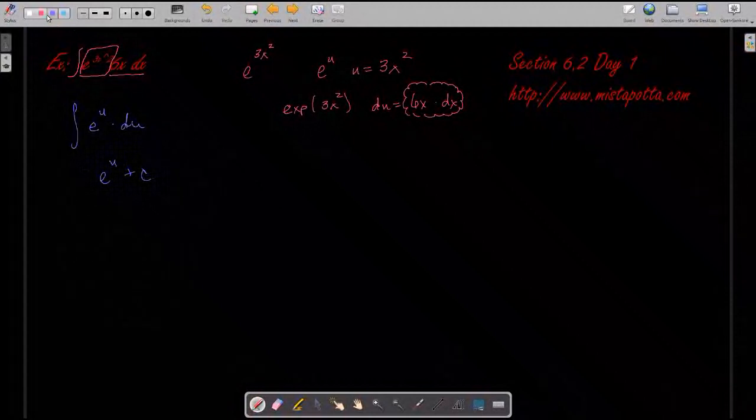But I need to go back and make sure that I write this as a function of my independent variable. My independent variable was not u, it was x. And so this becomes e to the 3x squared plus a constant.